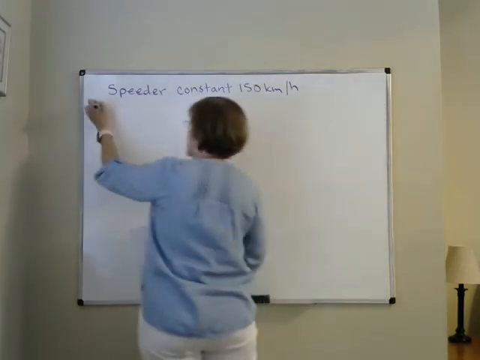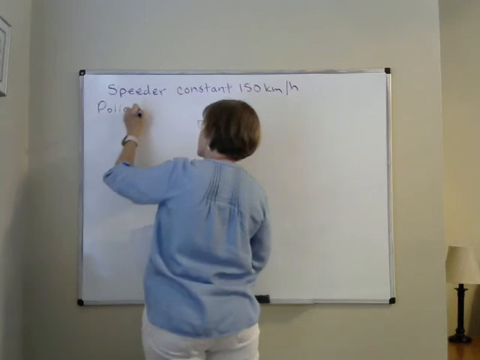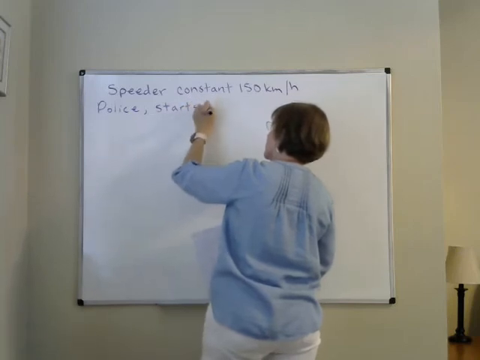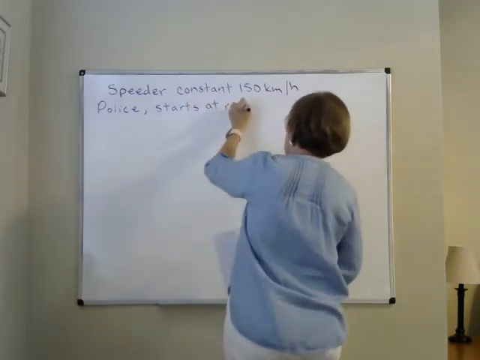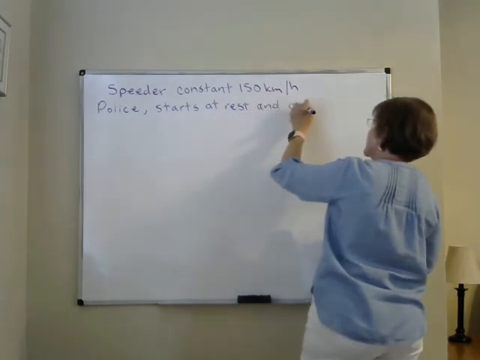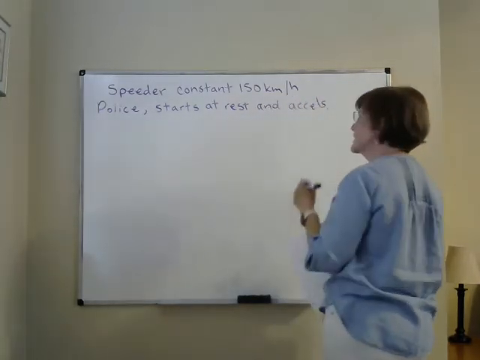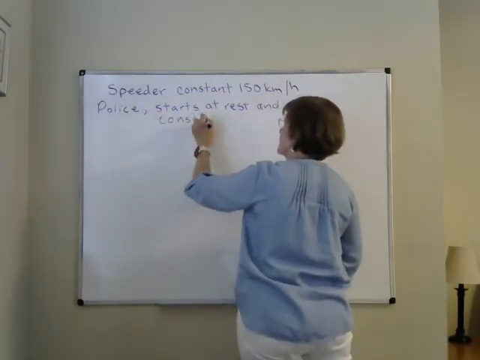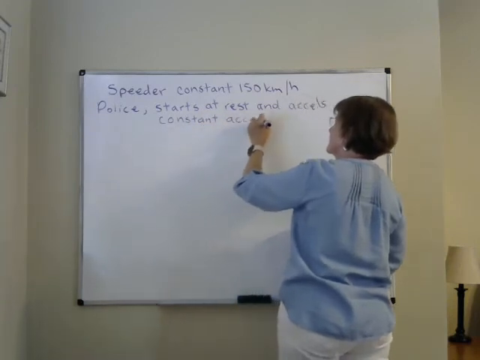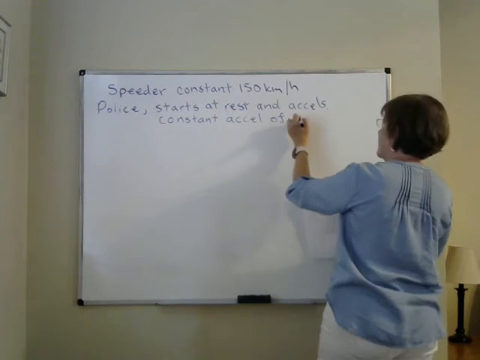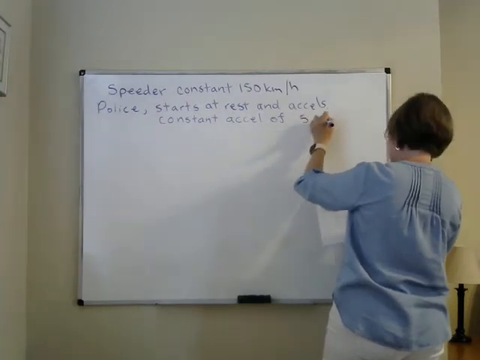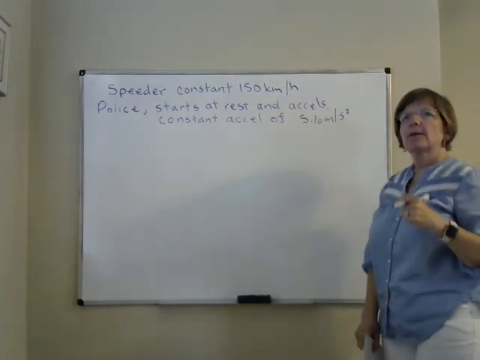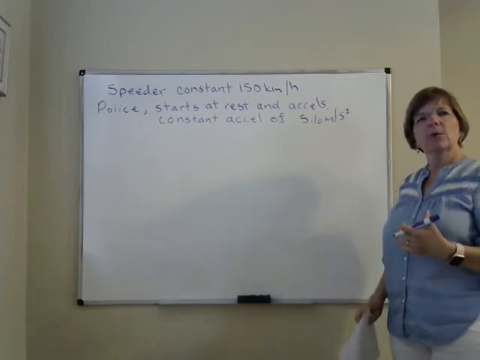And we have a police officer who begins from rest and accelerates with a constant acceleration of 5.6 meters per second squared. The assumption is the car and the police officer are at the same point at time t equals 0.